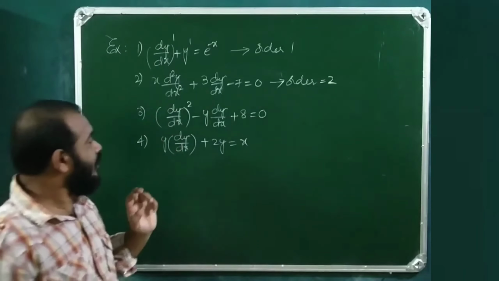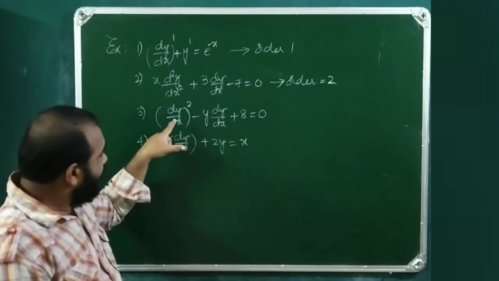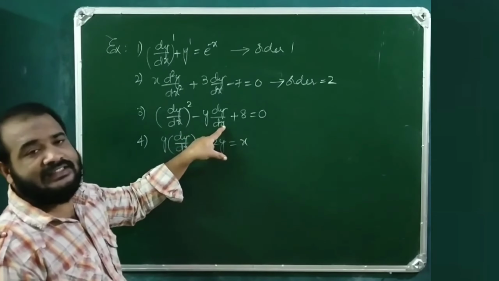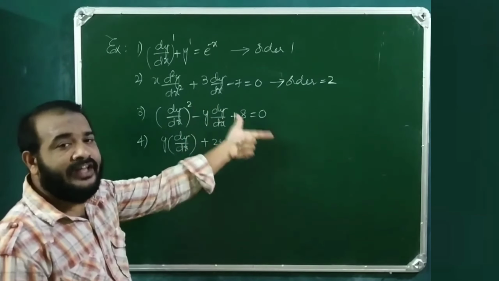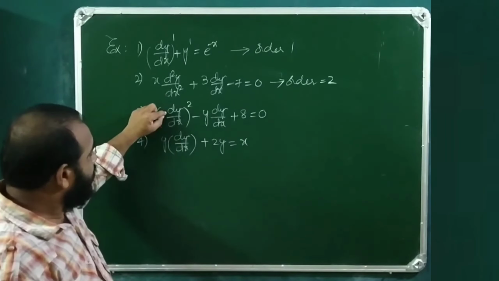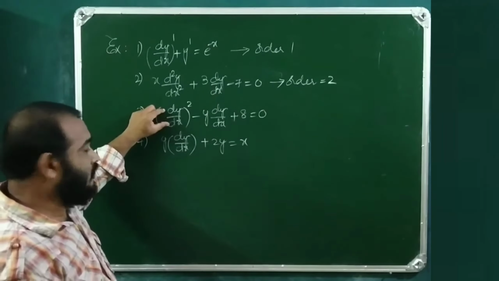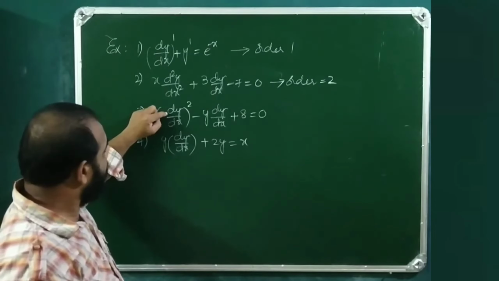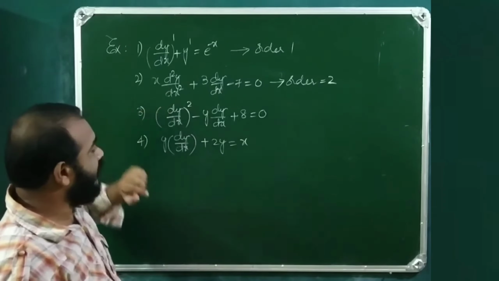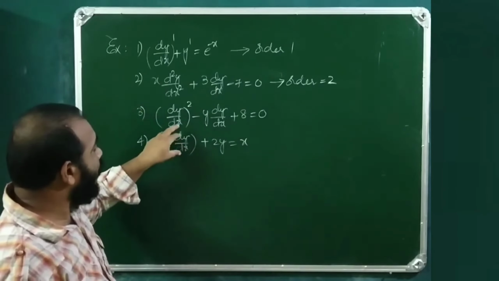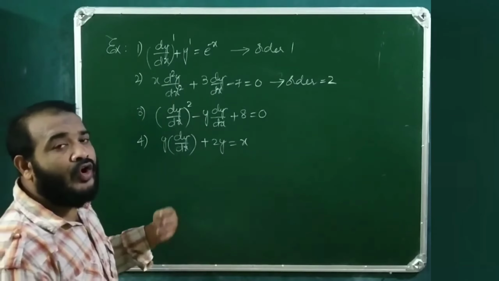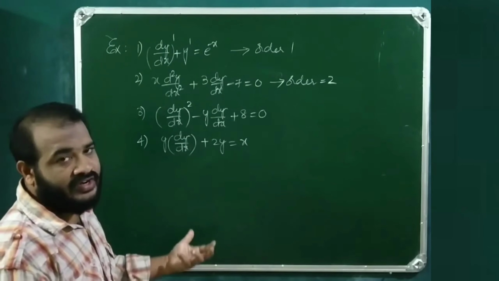Let us see this. So here y is the dependent variable, dy/dx is its derivative. This is the first order derivative, but its degree? What is degree? Degree is defined to be the power of the highest order derivative.